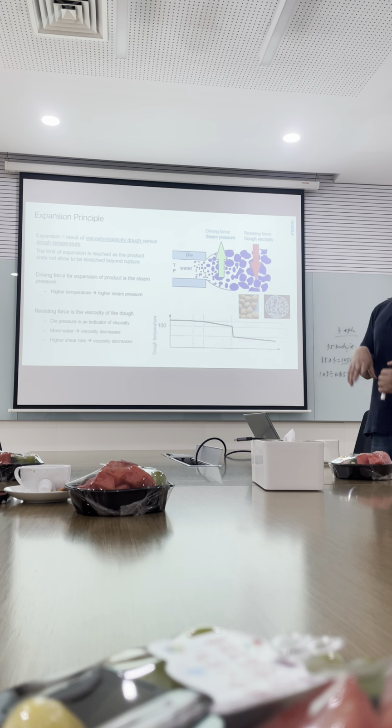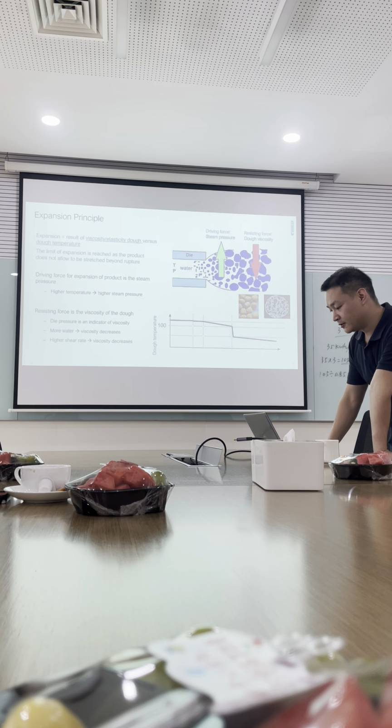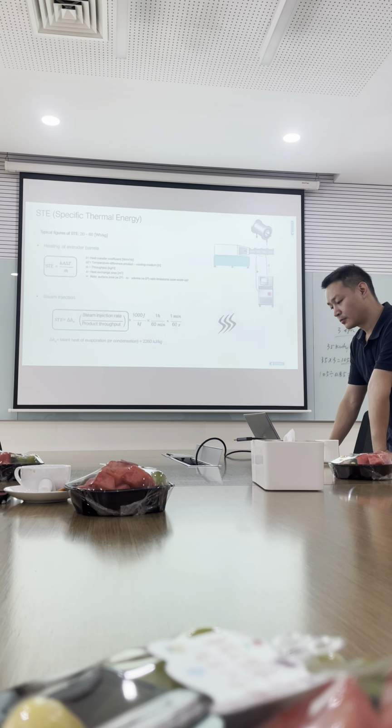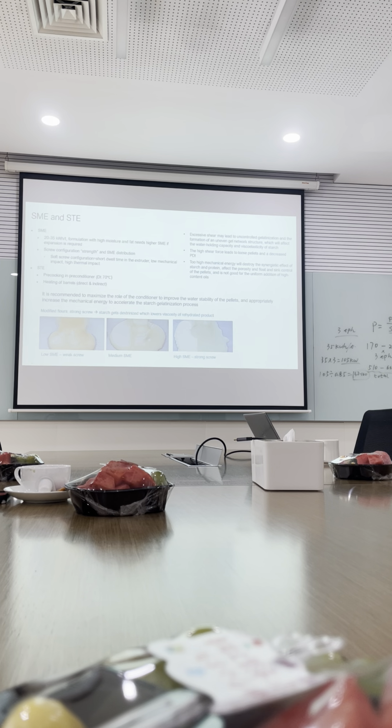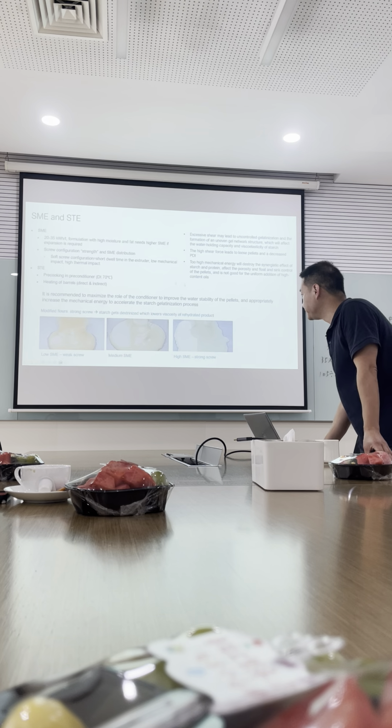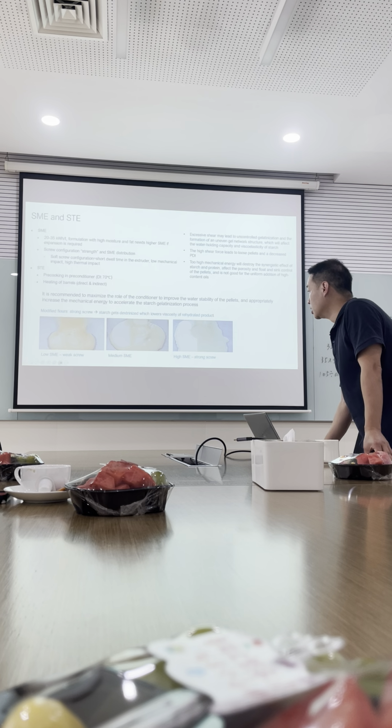And also viscosity. I think for most of the ingredients applied in feed, pet food, and human food, almost every ingredient in these applications shows shear behavior. You see, this is low SME.